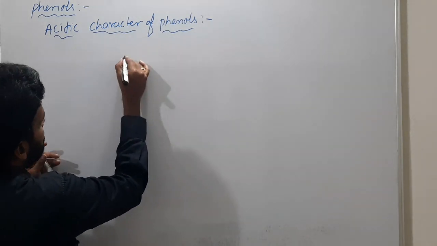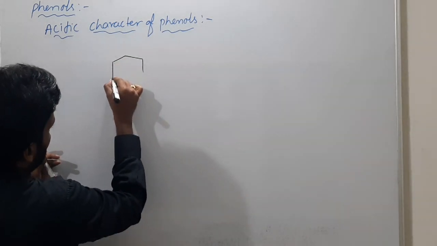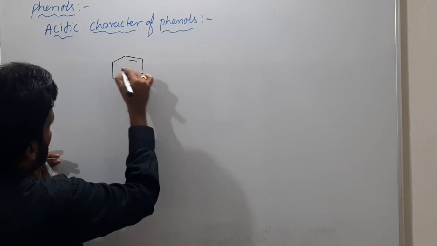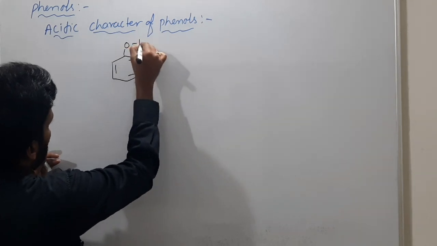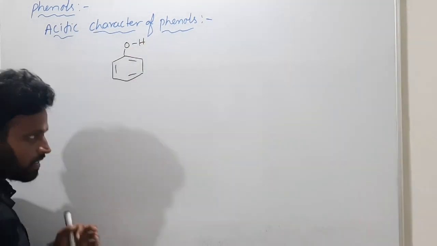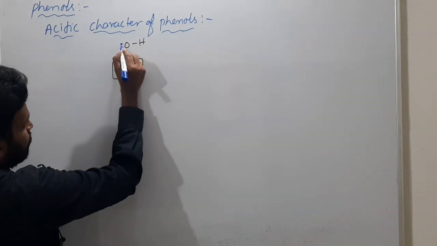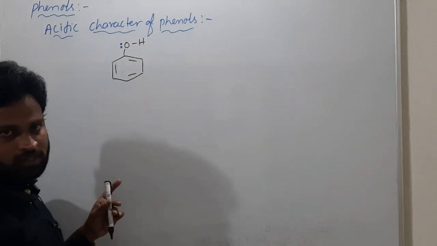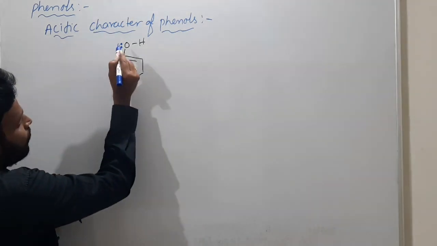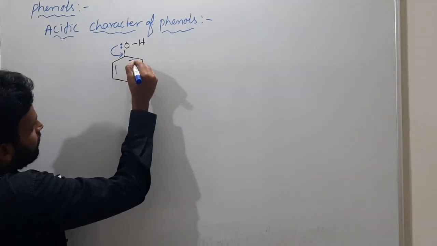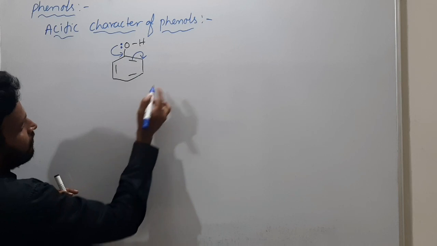So phenol, if you see, is C6H5 and here you have OH. Due to resonance, does resonance take place in phenols? The lone pair is there. This lone pair can come over here and this pi bond can come over here.